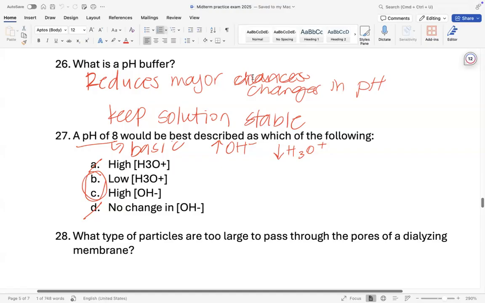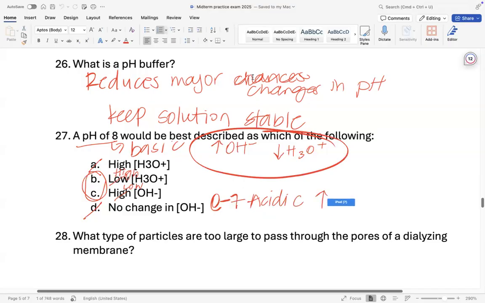I probably should have made that say low. Either way, it has high OH and low H3O plus. If it was a pH that was acidic, from 0 to 7, it would have high H3O plus and low OH.